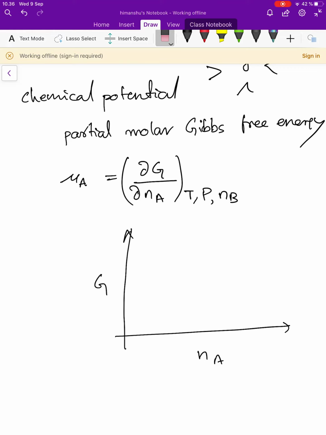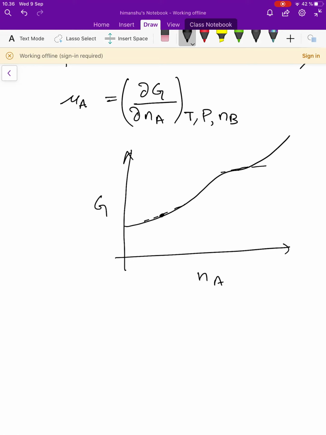I will redraw this. The slope of this curve at any point will give you the chemical potential at that point or that composition. So what is very important to note is that chemical potential varies with composition.